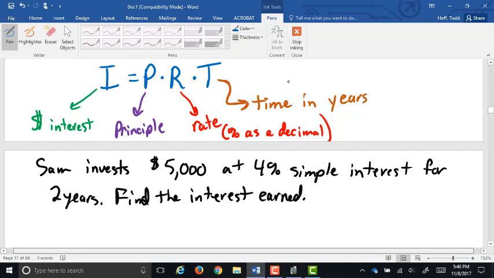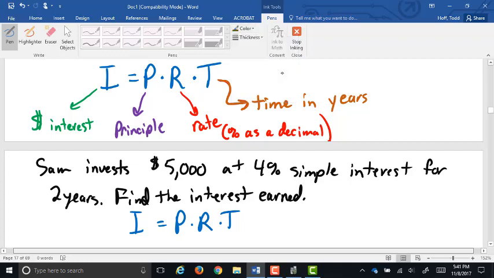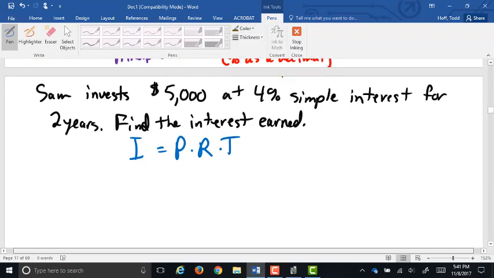Well, the formula, I equals P times R times T. Do we know P? The interest earned, by the way, is what we're looking for. That's I. P is the principal. That's the starting amount. How much is, they started with 5,000. Very good.